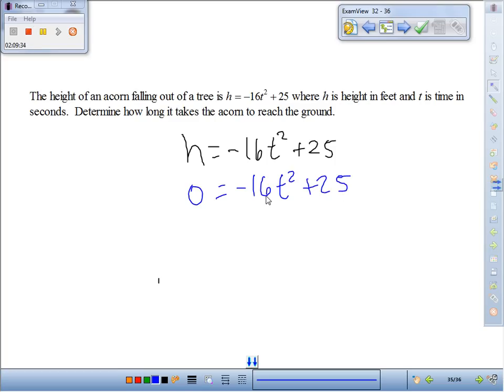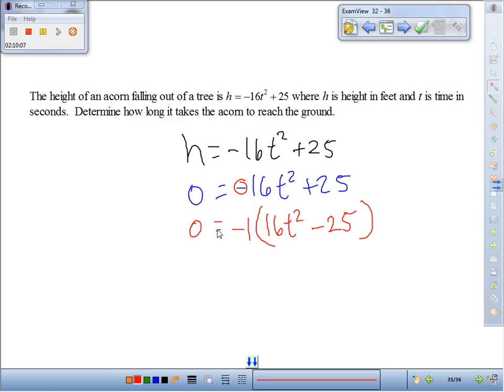Are we there so far? Since we have a quadratic equation, in order to start factoring, what do we check for? GCF. So what's our GCF for these two terms? Negative 1. We're left with 16t squared minus 25.